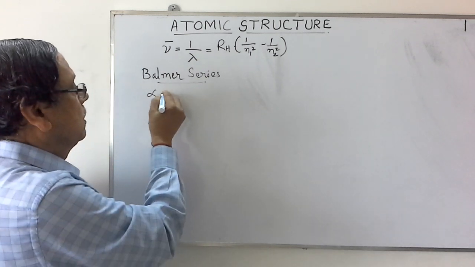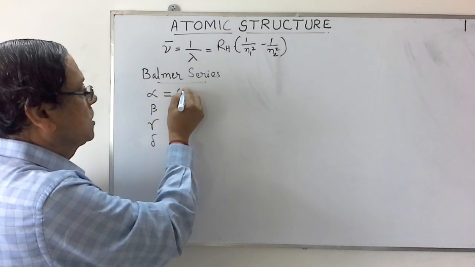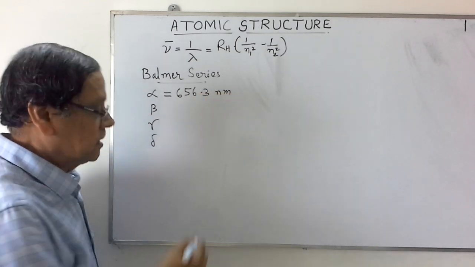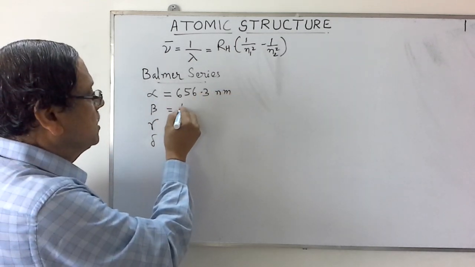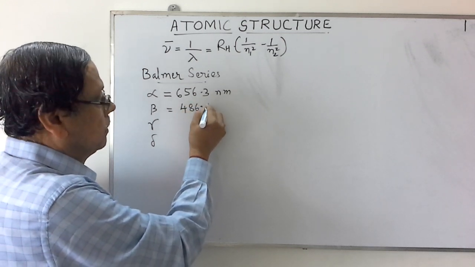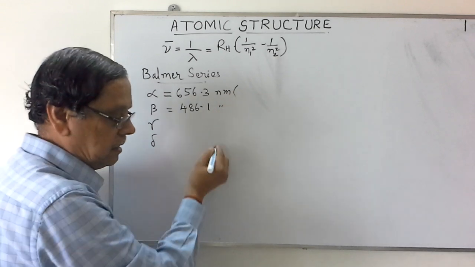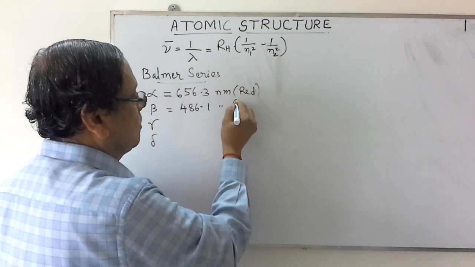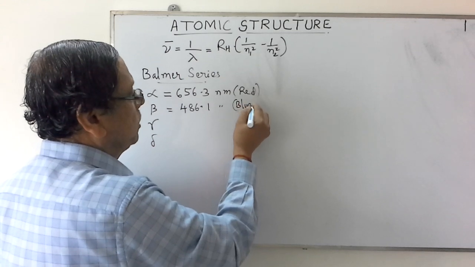For the first one, we have 656.3 nanometer. The second one is the beta line, 486.1 nanometer. The first is available in the red. This is available as blue green.